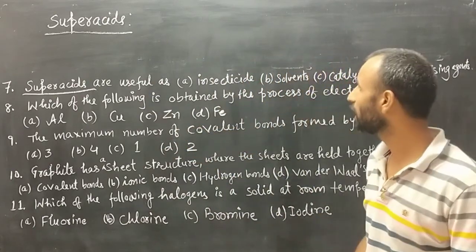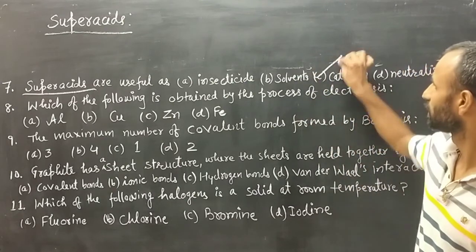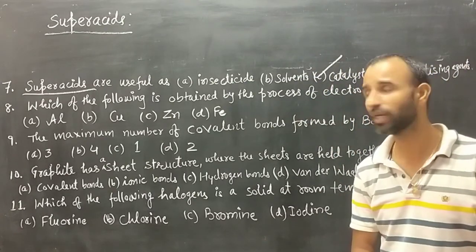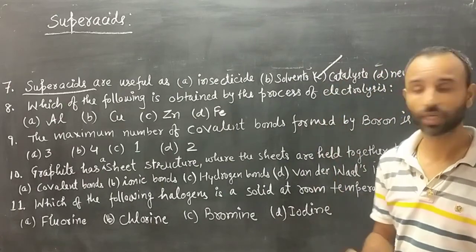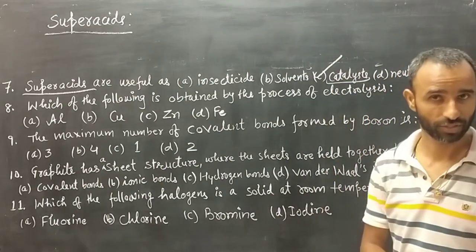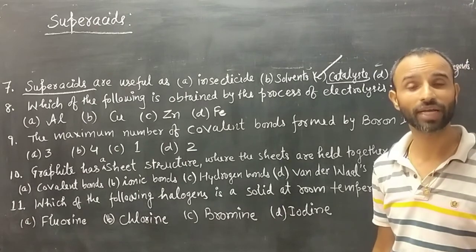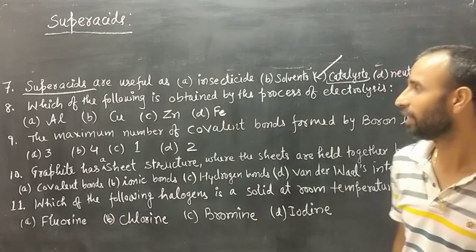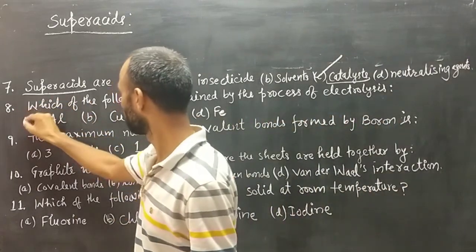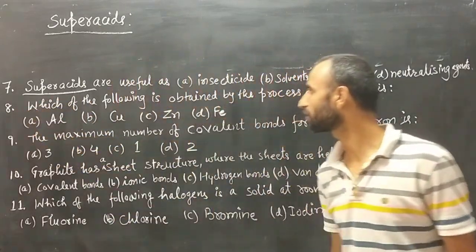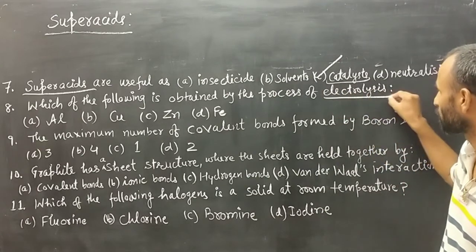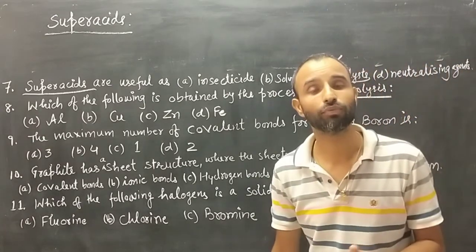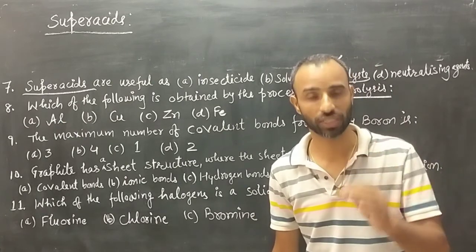Okay, so they are actually used as catalysts. There are many functions of it, but the main one is that it acts as a catalyst, like oleum in the nitration of benzene. Okay, so what about the 8th question? Which of the following is obtained by the process of electrolysis? So you know, the electrolysis process is used for strong reducing agents.